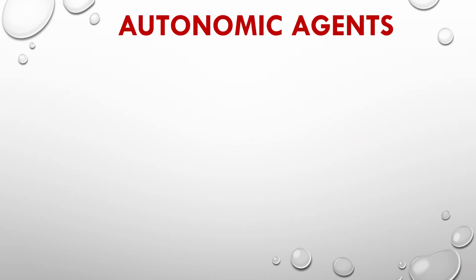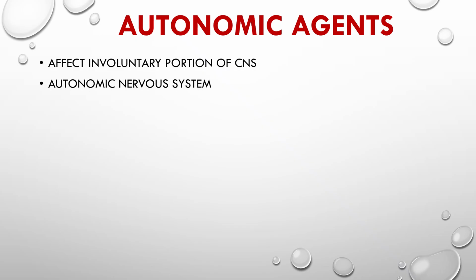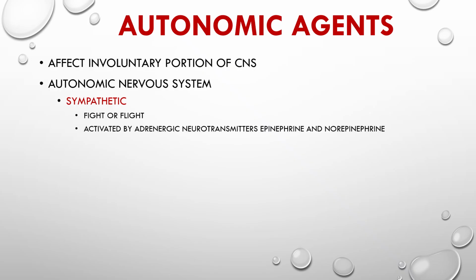Now, autonomic agents, to kind of wrap up this section. So this involves involuntary portions of the CNS. So autonomic is kind of self. So this would be the involuntary portion. Now, the autonomic nervous system is divided into the sympathetic and parasympathetic. Sympathetic is a fight or flight response.